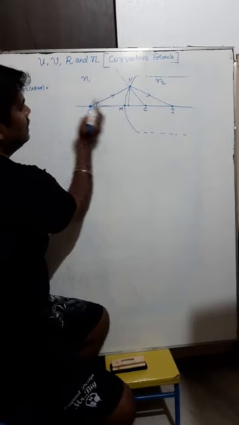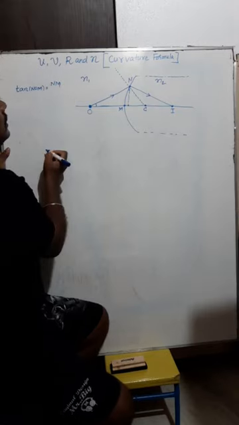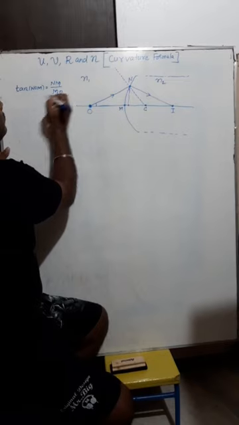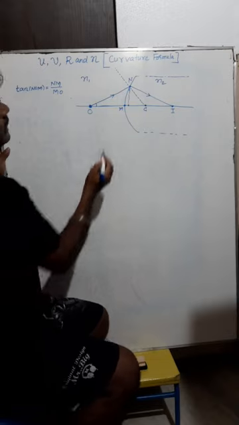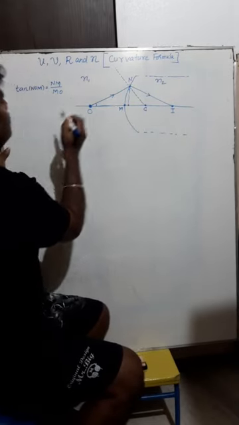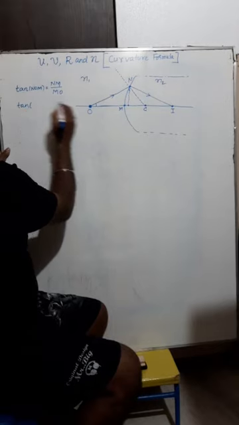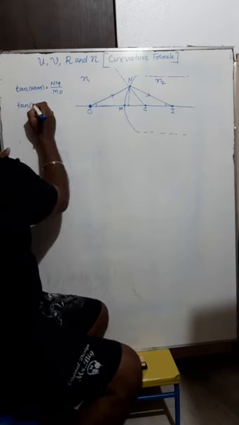The opposite side is NM, divided by the adjacent side MO. Similarly, we have to consider one more right angle triangle here, NIM. In this right angle triangle, tan of, I want to consider this angle, NIM.